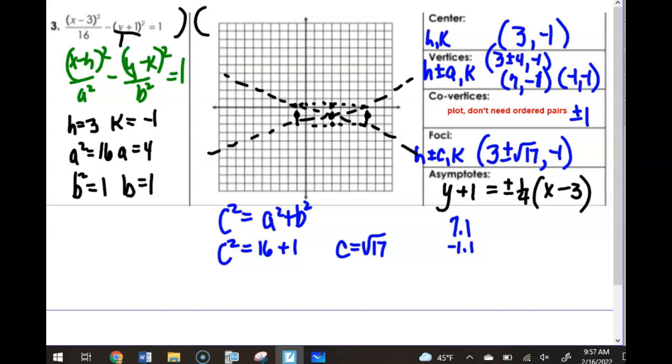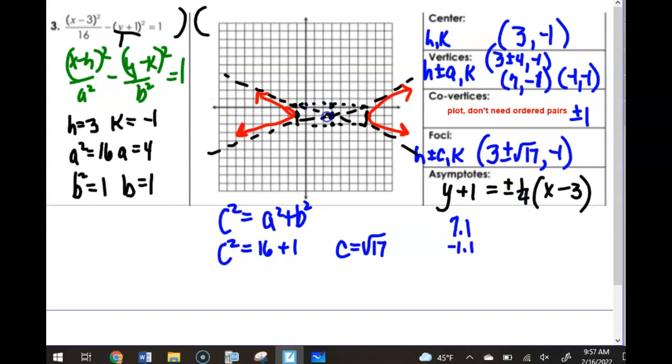And then which way was this guy going? You told me left and right, so it's scrunched in there like this. Okay. Does it make sense that we went up 1 and over 4 for our slope?